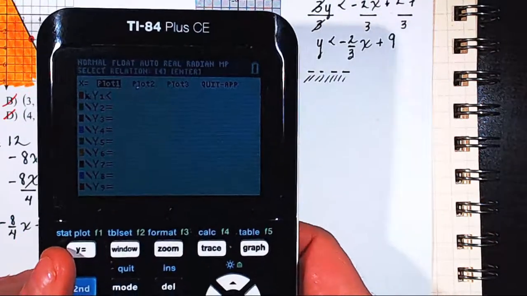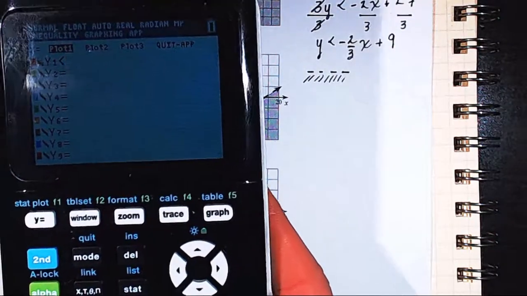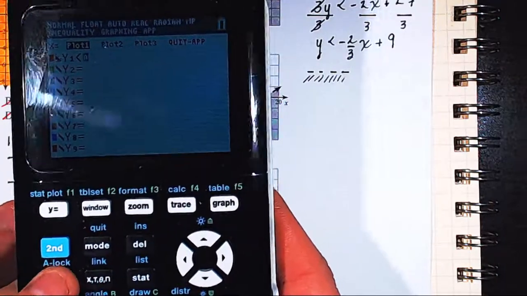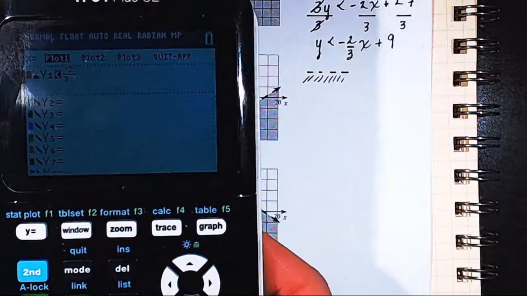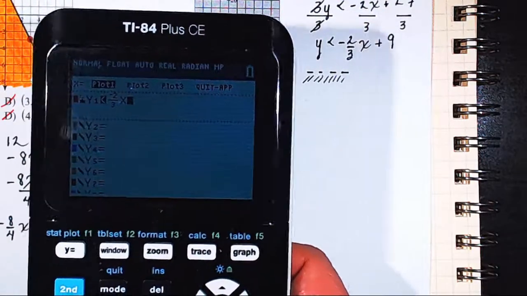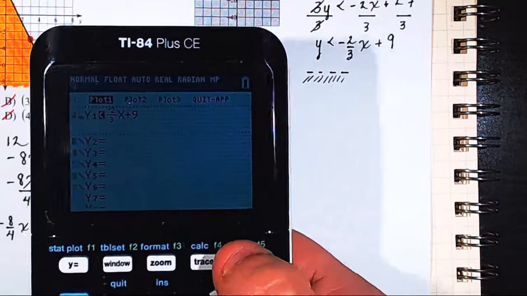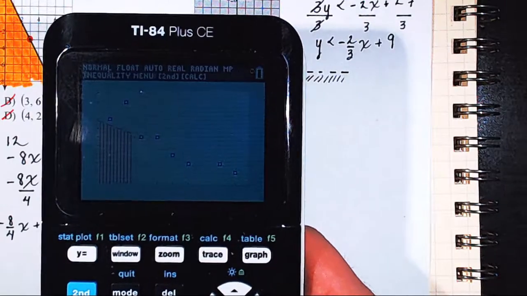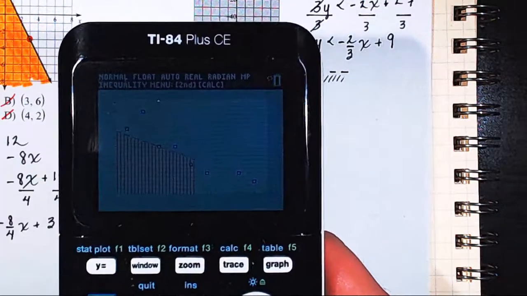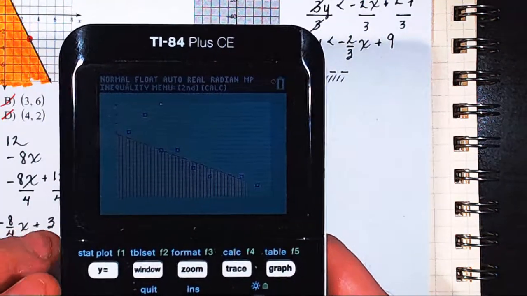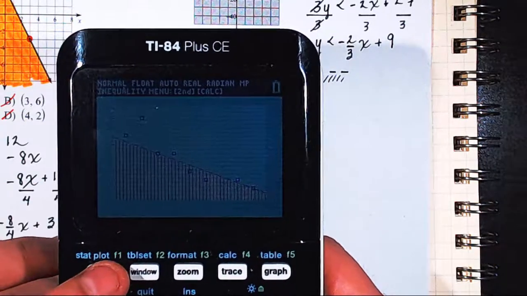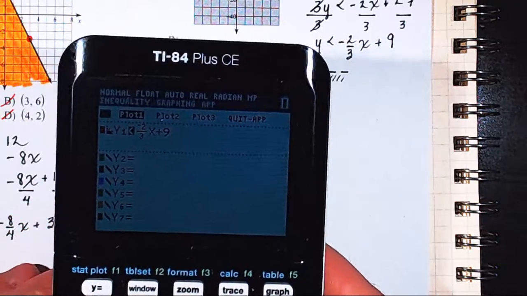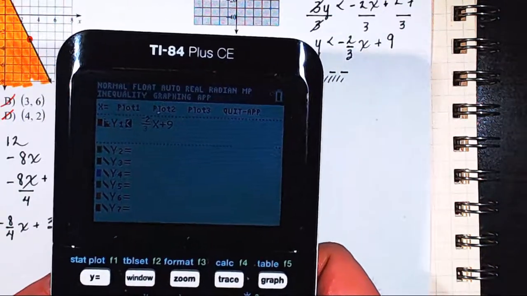So y is less than, and then I'll do alpha y equals -2 over 3 x plus 9, and I'll graph that. Oh, I see I've got a whole bunch of stat data. I'll have to get rid of that. Go back to y equals and turn that statistical plot off.